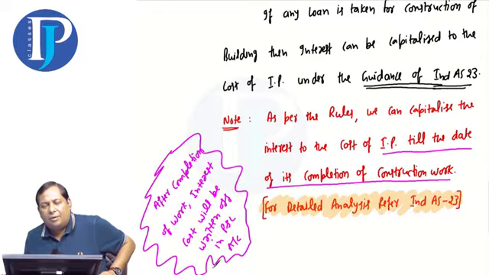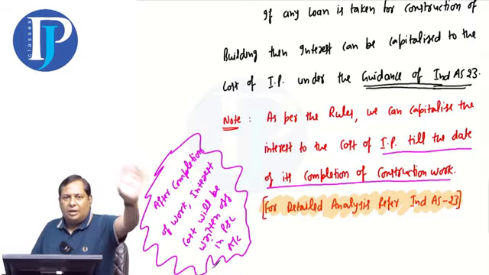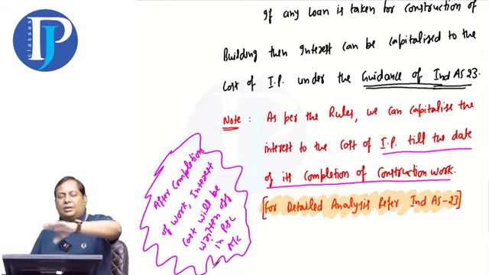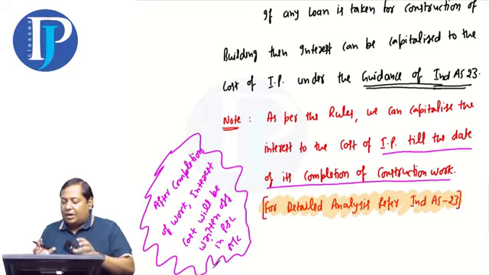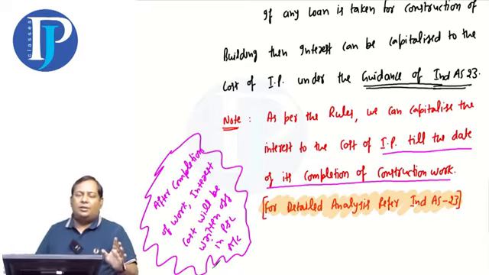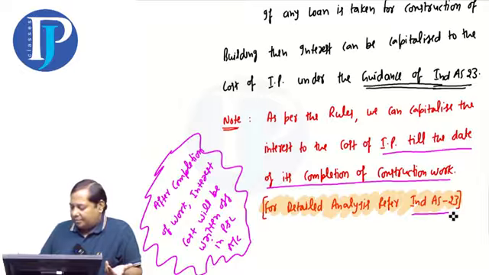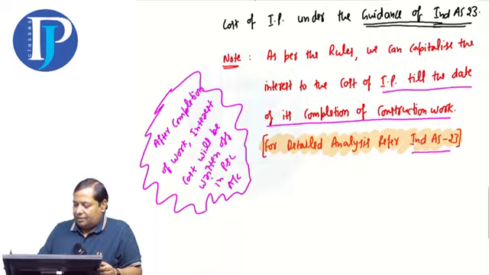That if you have not repaid the loan, your interest is accruing. Your construction work is completed. The interest after the construction work is completed, put it in P&L; until construction is ongoing, capitalize. What is the fundamental logic behind this? We will discuss that detail in the Ind AS 23. You know, I don't teach without reasoning. I'll give reasoning for everything. So trust me, we will read this. It's simple.